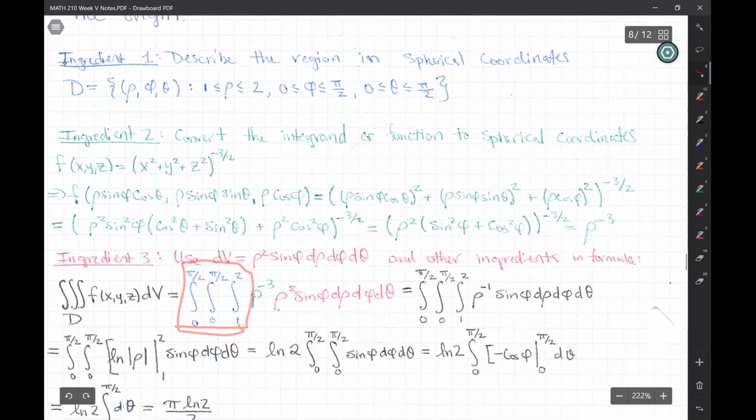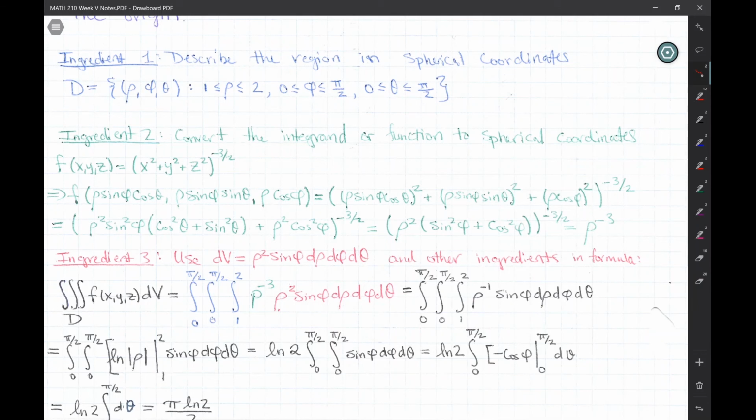Well, it came from the blue ingredient, ingredient 1. Okay, these are all our bounds that we got to describe our region. Rho to the minus 3, where did that come from? That's ingredient 2 after converting the function. And here is our volume element there.